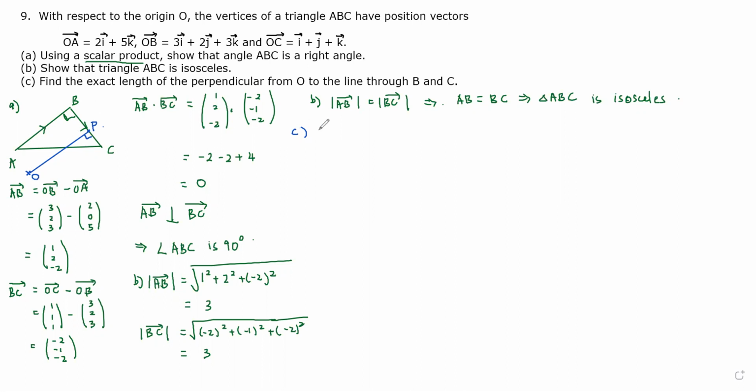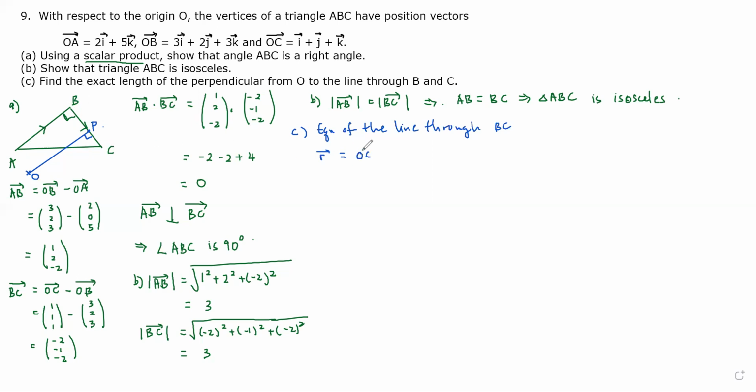So to find the equation of the line passing through BC, we use the vector equation. We need the coordinates of a fixed point. So we can use either OB or OC here.